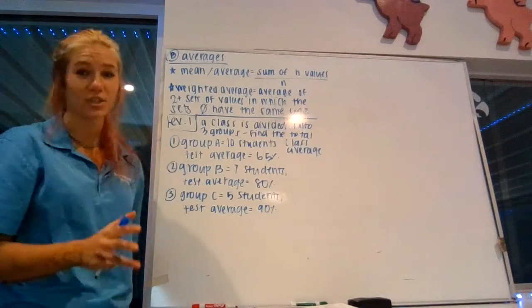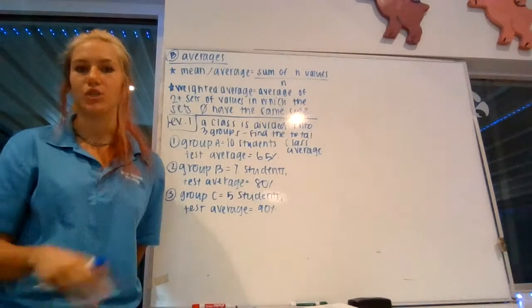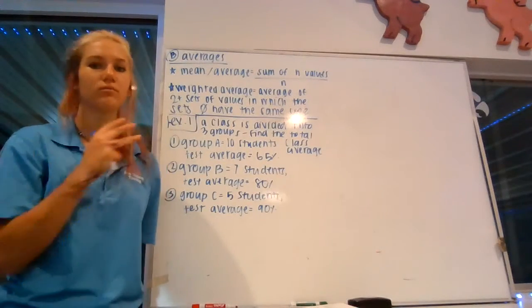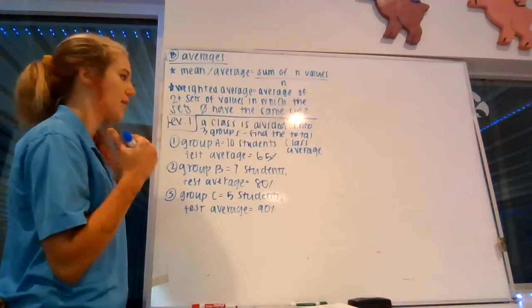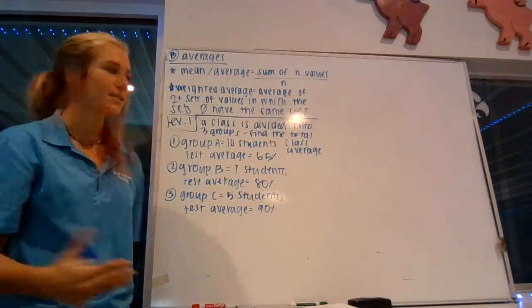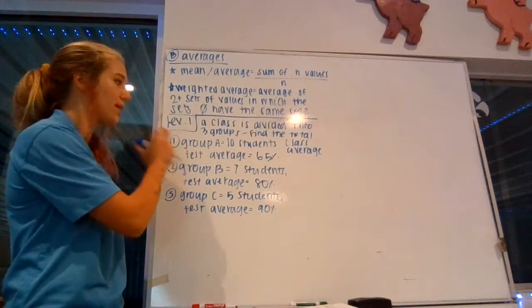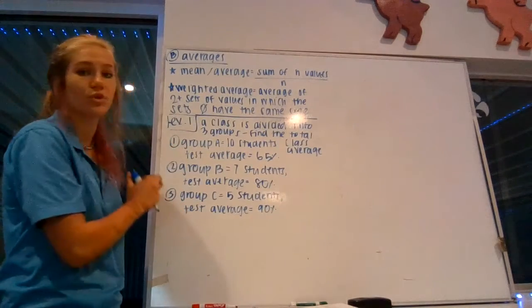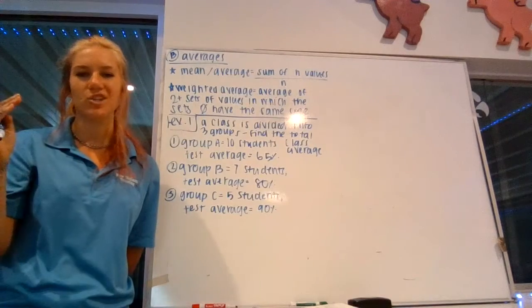So what you can't do is just take a basic straightforward average of these three different scores, right? You can't just take 65 plus 80 plus 90 divided by 3, because that's not the case. There were a lot more students who scored a 65% than there were who scored a 90%. So that's basically going to shift it down.